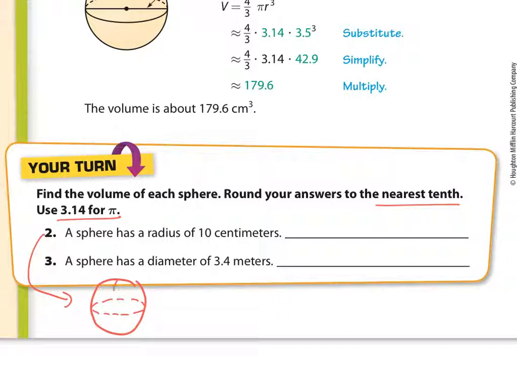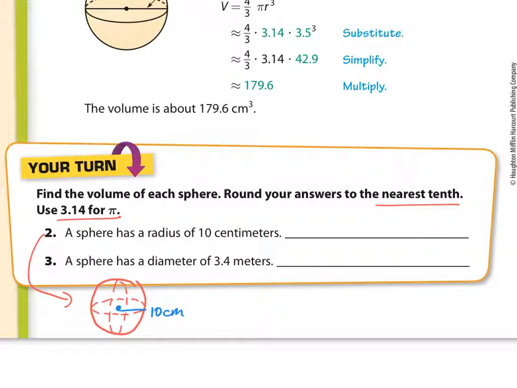And you can even do it this way. This isn't really that necessary, but you can do it also going up and down, kind of like that. And the center is in the very, very middle of this sphere going to the outside, and that's 10 centimeters.